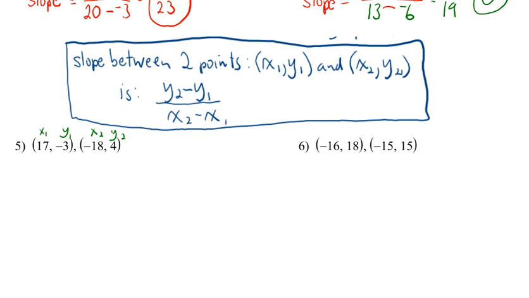Okay, so there's automatically subtraction here. All right, and look at the formula. It's second y minus first y on top. So my second y is 4. My first y is negative 3. Now, second x minus first x. Well, here my second x is negative 18.